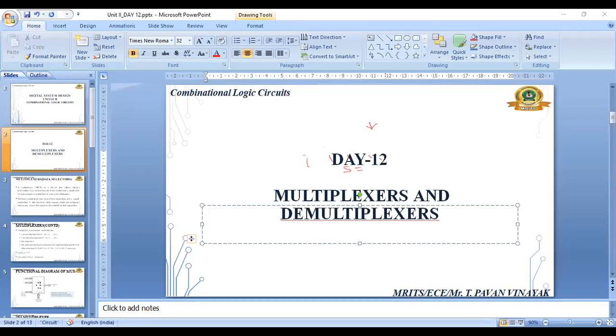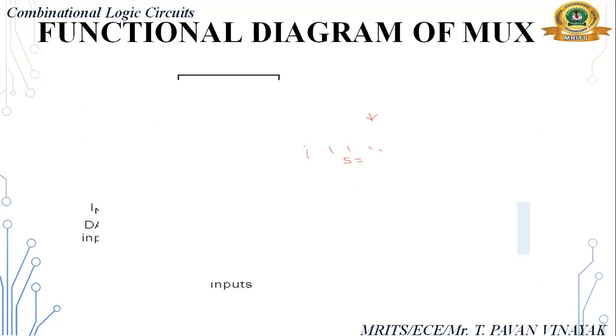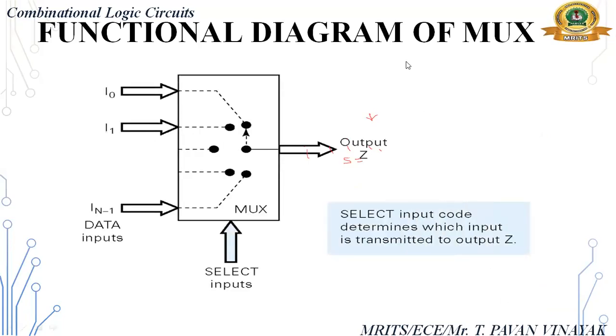This is the internal diagram of a multiplexer. Based on the selection lines, the input is selected.